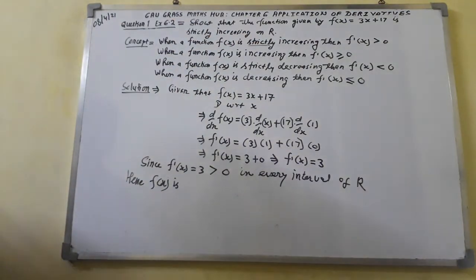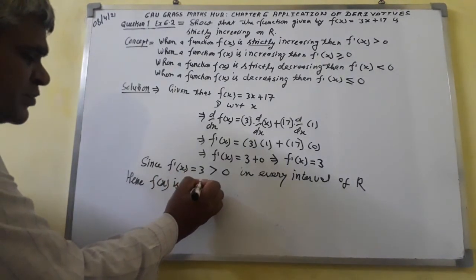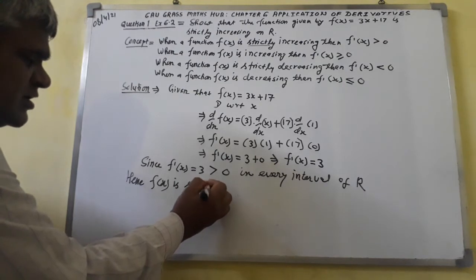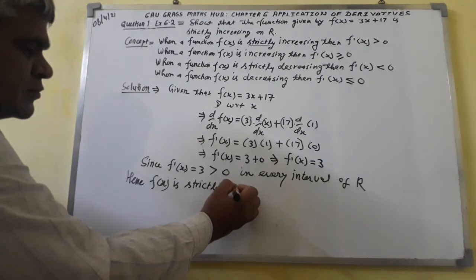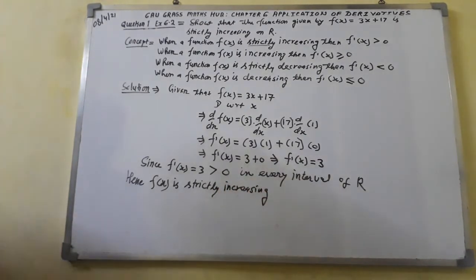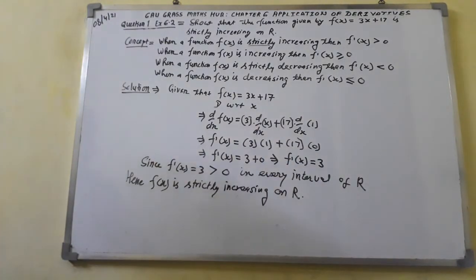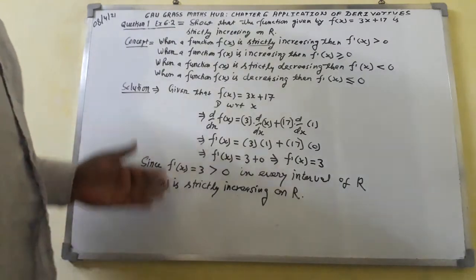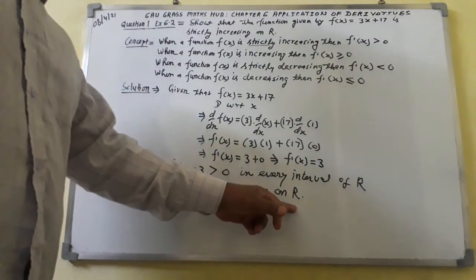So here I shall write: hence f of x is strictly increasing on the set of real numbers. That is what you have to write here.